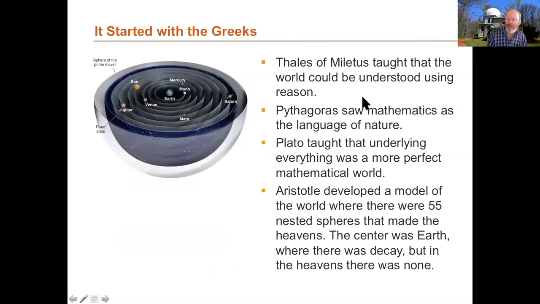This developed into a more formal structure where, especially in the Greek philosophy system, we had specific people. Thales of Miletus, that's pronounced Thales here, was one of the earliest persons to predict a solar eclipse. In fact, he's reputed to be the first person to predict a solar eclipse.